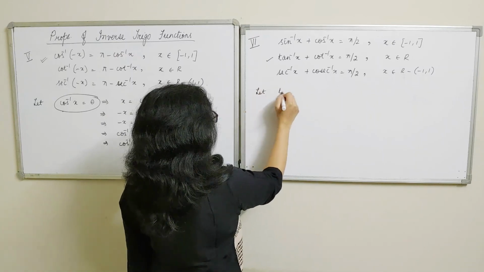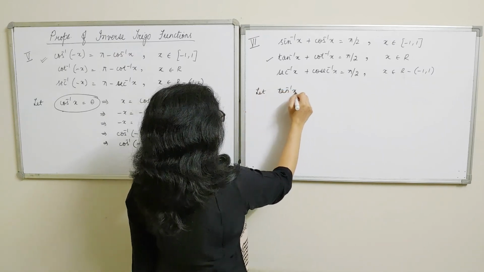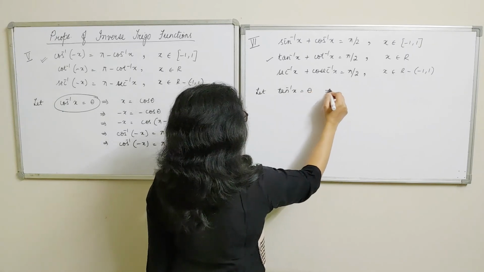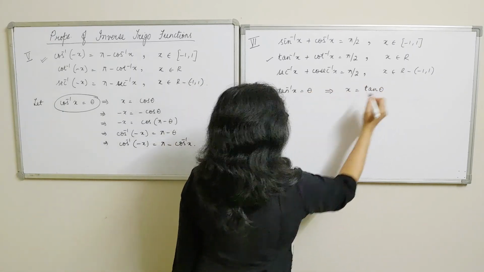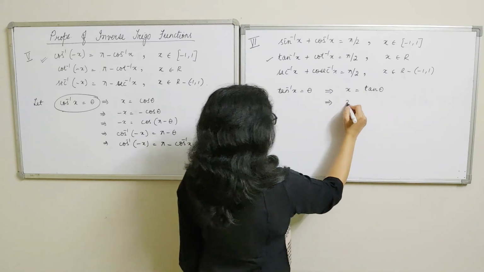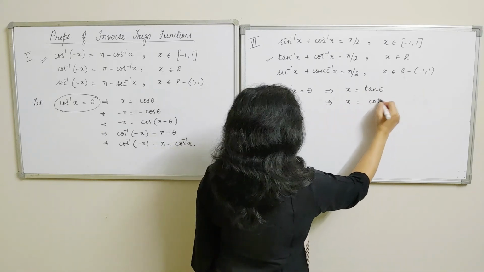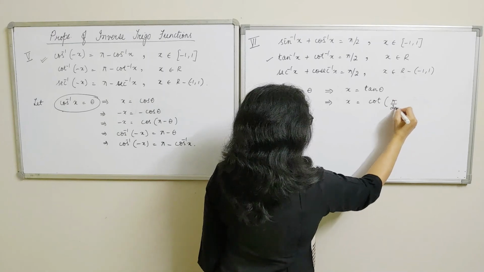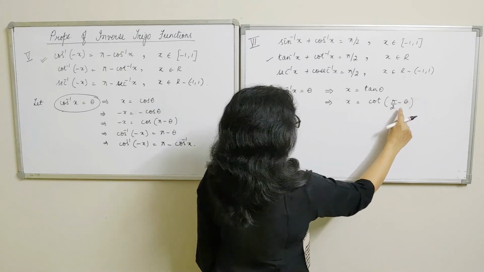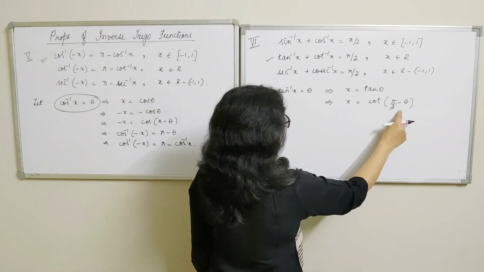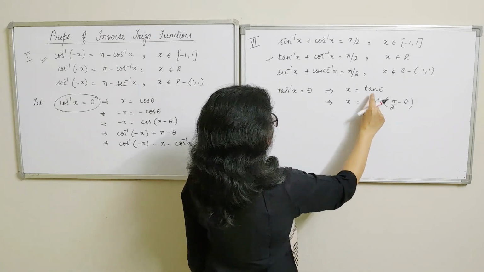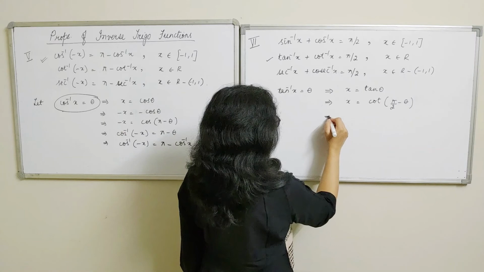So let us suppose that tan inverse x is theta, hence x is tan theta, and tan theta can also be written as cot of pi by 2 minus theta. This is the first quadrant, and if you are writing the angle as pi by 2 minus theta, then you know the cot ratio will change to tan ratio.